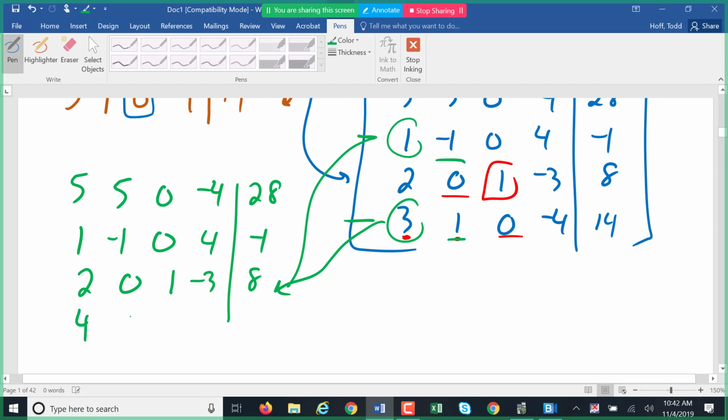Negative 1 plus 1 is 0. That's why I combined those two, so I could get a 0 in that location. I use the second row because a 0 and a 0 keeps that location as 0 as well. 4 plus negative 4 is a 0. I get a bonus there. That cancels out. Negative 1 plus 14 is a 13.